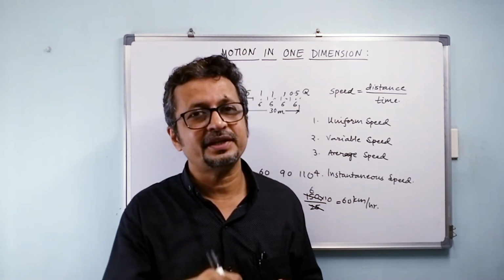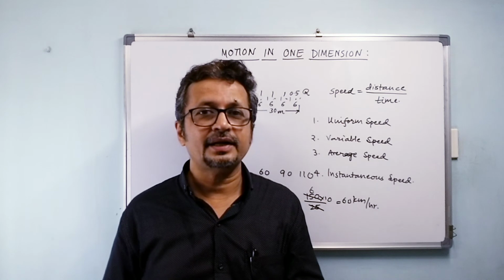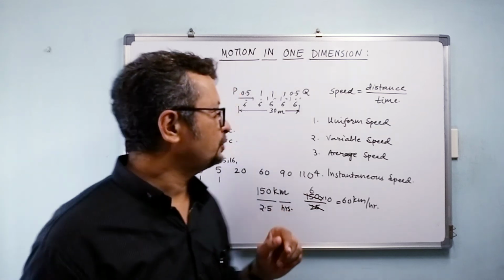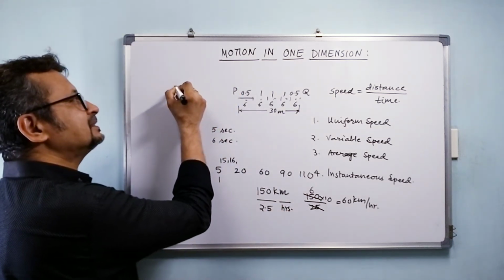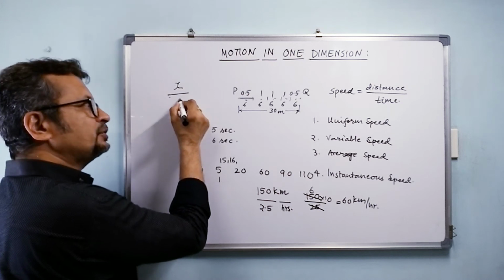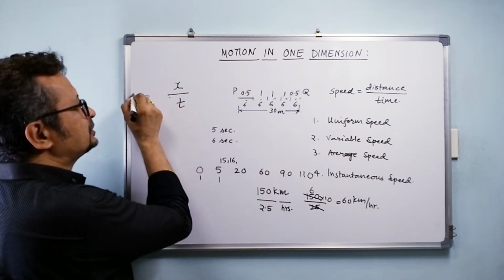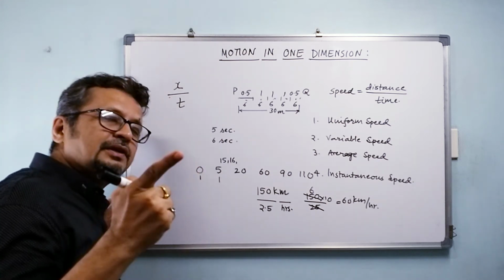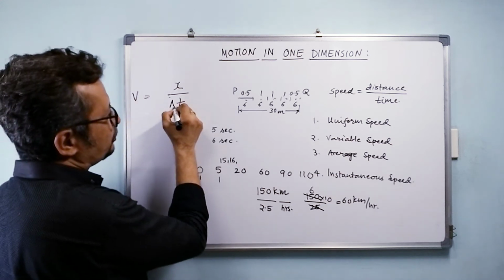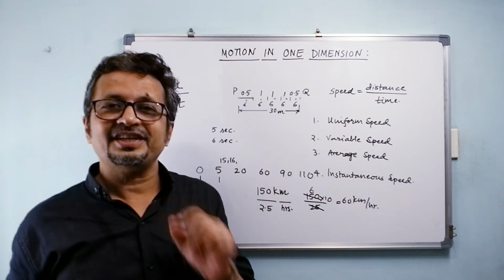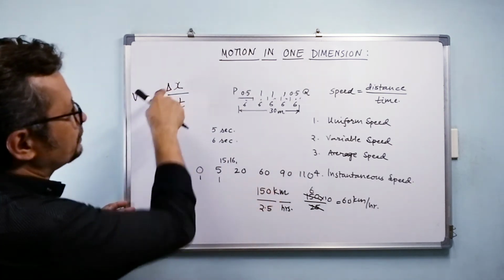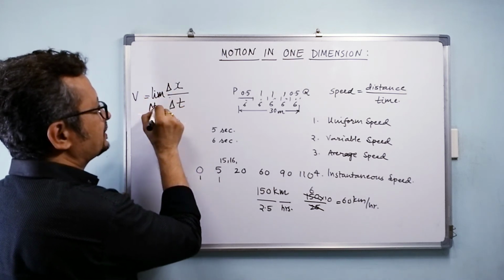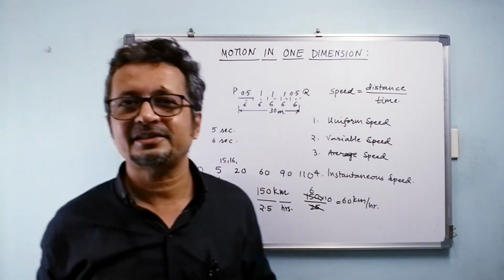When you say instantaneous speed, it is speed at that moment, and that moment is so small, it is an infinitesimally small moment. So what I'll do here, I'll definitely take distance, that is x, and divide that by time, and that is going to be my speed. Let us call it v. But here this time interval for instantaneous speed is going to be very small, so delta x, the corresponding change in the position, divided by delta t, and I will take the limit as delta t tends to 0. Now what is this limit as delta t tends to 0?